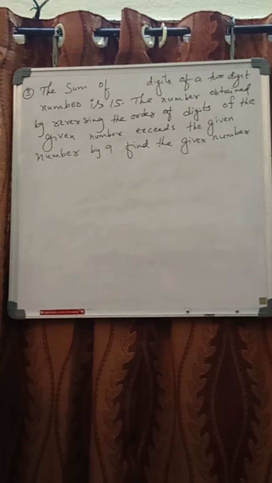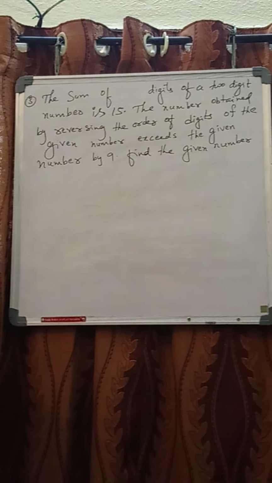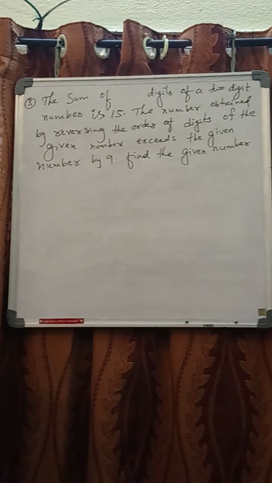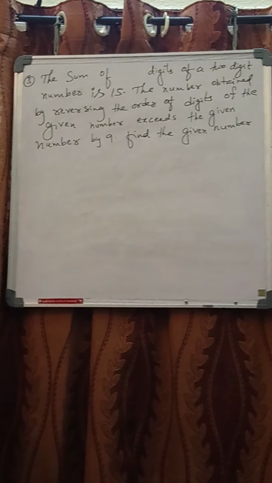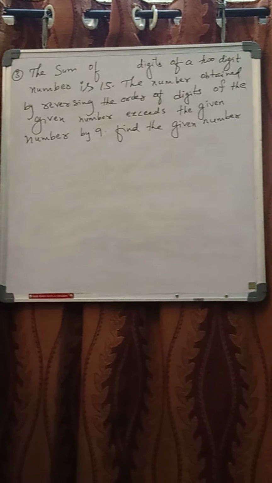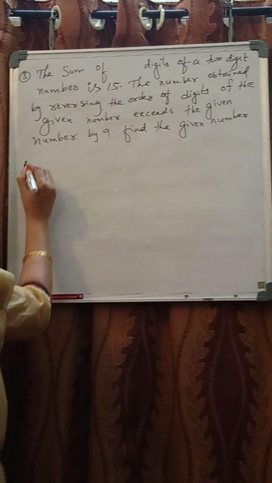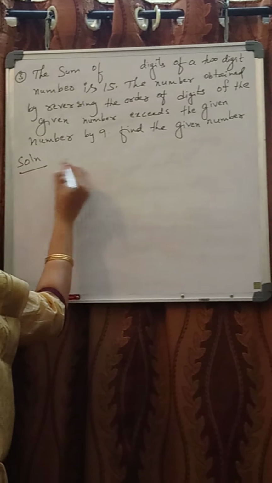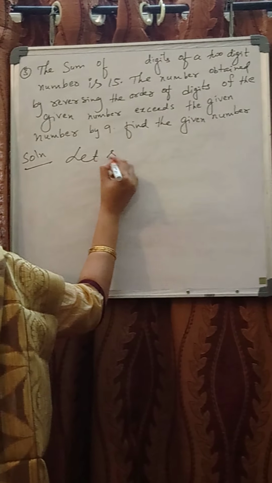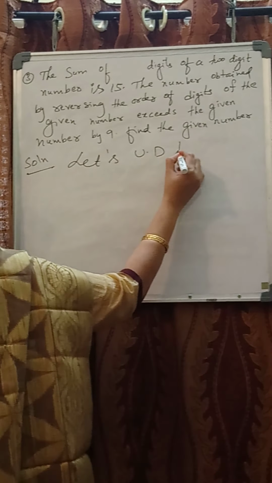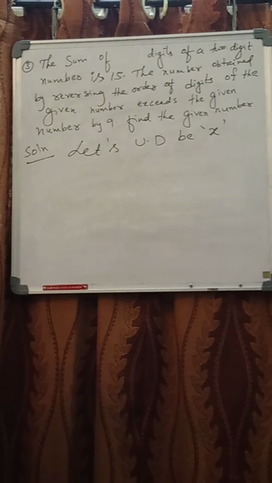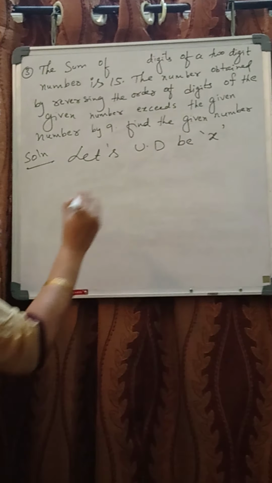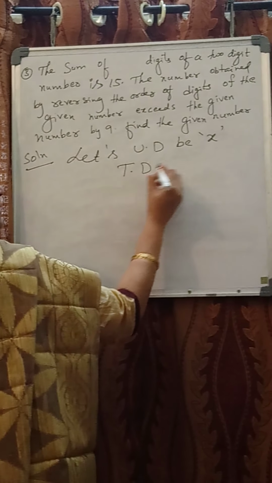Now let's identify the given statements first and frame linear equations from the two given conditions. Clear, children? First of all, let the units digit be x. Next, we consider the tens digit as y.